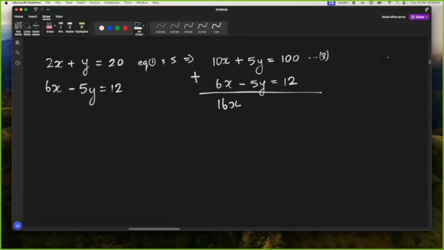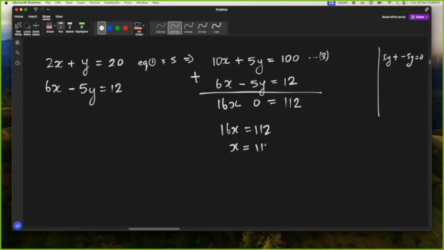You get 5y plus minus 5y. Well, that will eliminate and give me 0. All right, so that is 0. And then on this side, I have 112. So I have 16x is equal to 112.